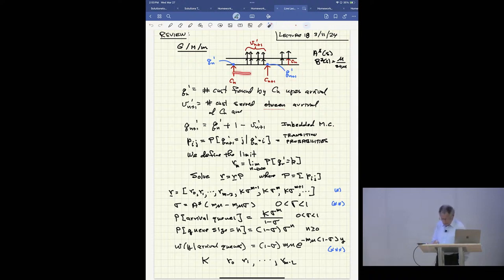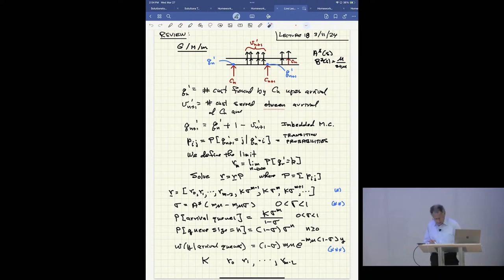During this inter-arrival interval, a certain number of customers get served. We're going to call that quantity V sub n plus 1 prime. It's the number served between the arrival of Cn and Cn plus 1. Here's the definition. We're using primes to separate this from the MG1 notation with Q's and V's.